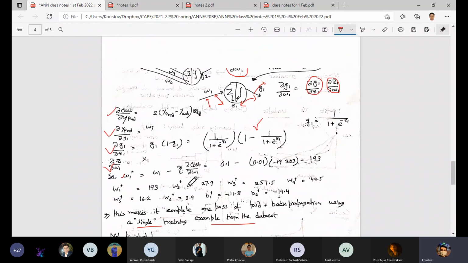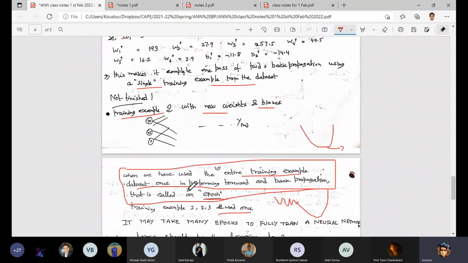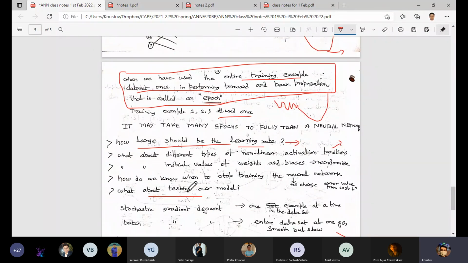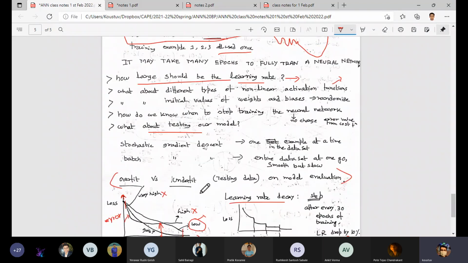And learning rate is one important parameter which we have learned here. Other questions we have made available. We must go through them, and in the next class we will try to see the testing or validation part mainly.